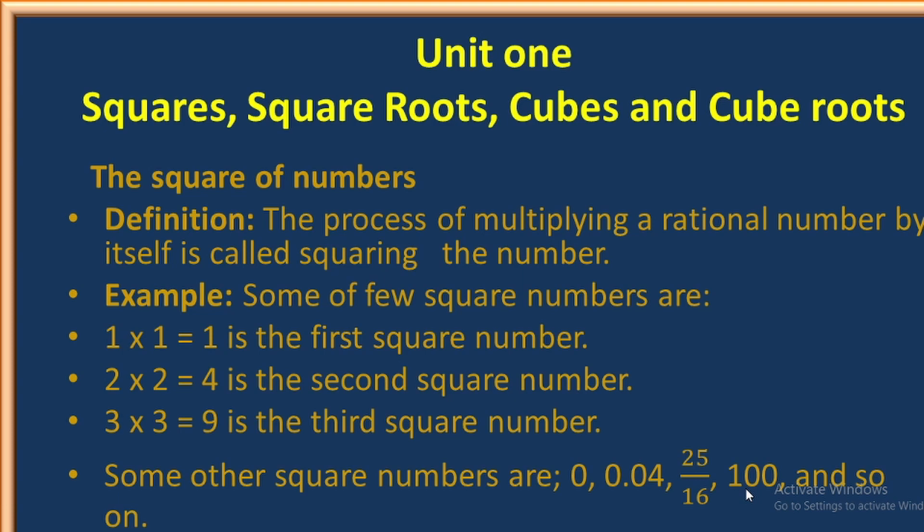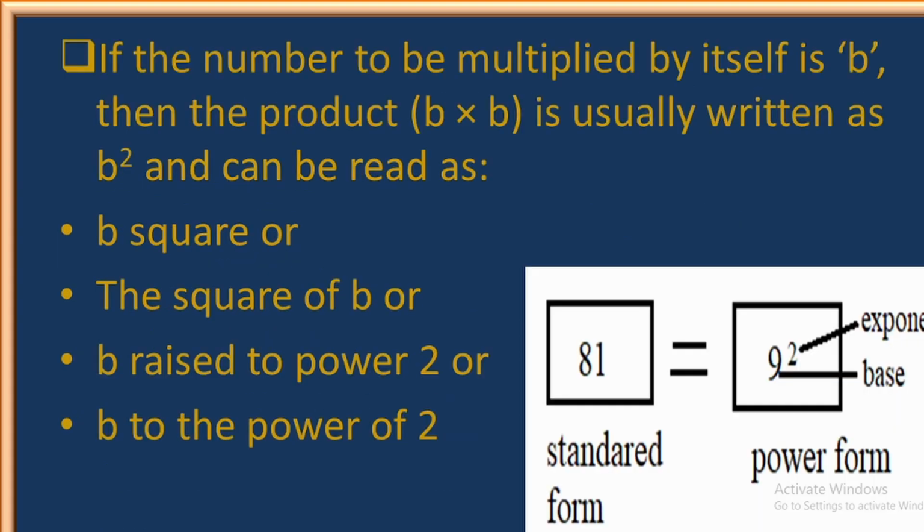So these are known as the square numbers. Don't forget that squaring a number means multiplying the number by itself 2 times.